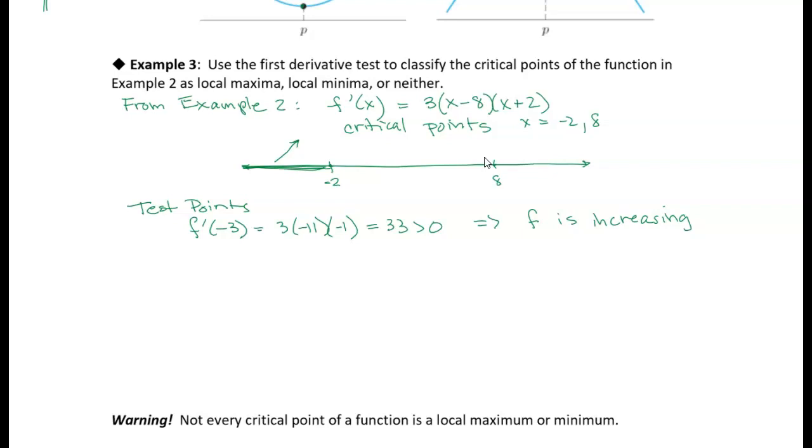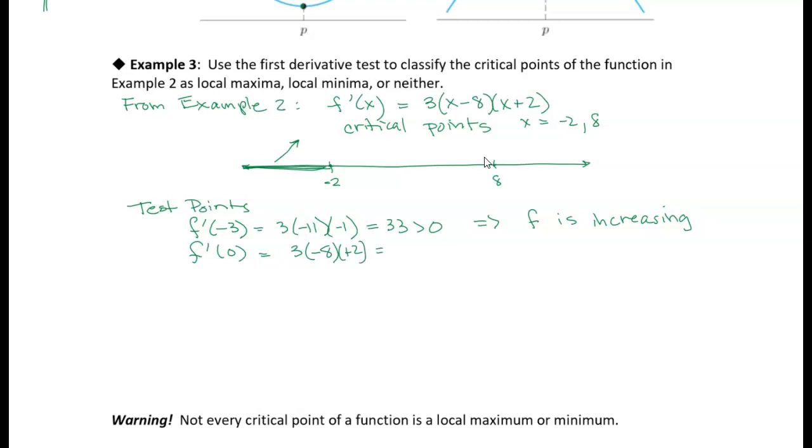Now let's go to the next interval between negative 2 and 8. And an easy point to test would be 0. So let's just put 0 into our derivative and see what the slope is looking like between negative 2 and 8. Okay, so if I put in 0, I get negative 8, and then we have plus 2 times 2, right?